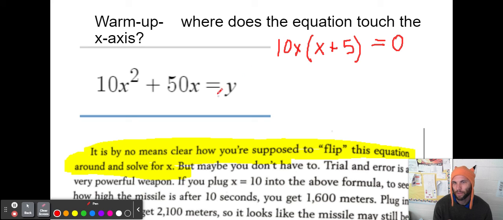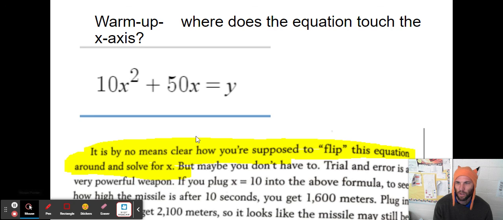Remember that this is a graph, and where the graph touches the x-axis is your answer, and it touches the x-axis at y equals 0. So in this case, x is equal to 0, and x is equal to -5. You'll see the pattern. -5 plus 5 is 0, and 10 times 0 is 0. And both of these have to equal 0 at the solution.